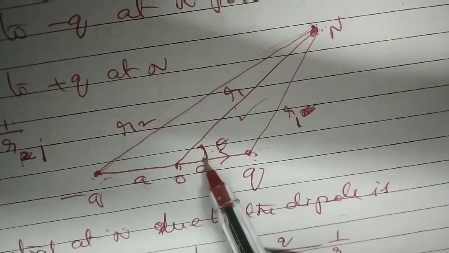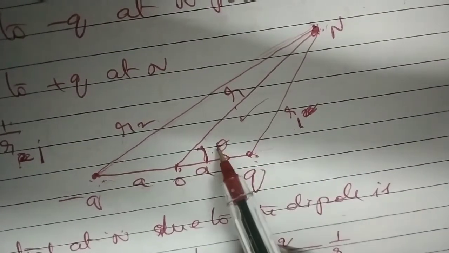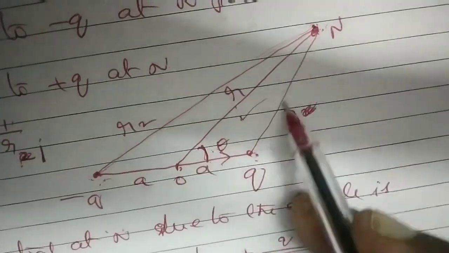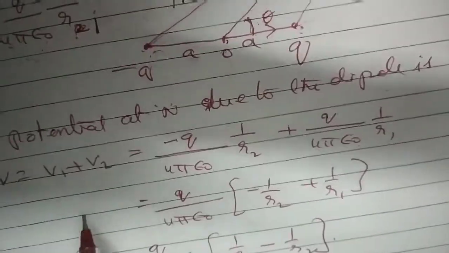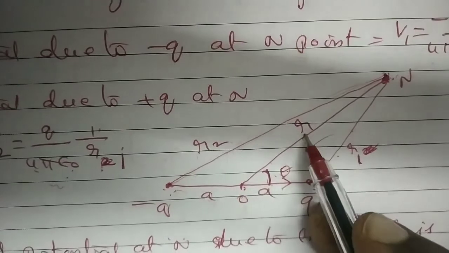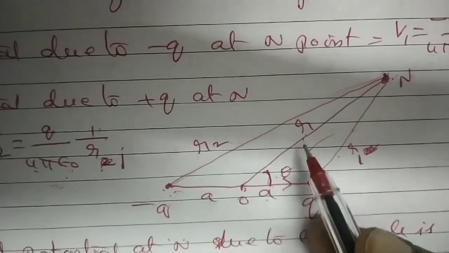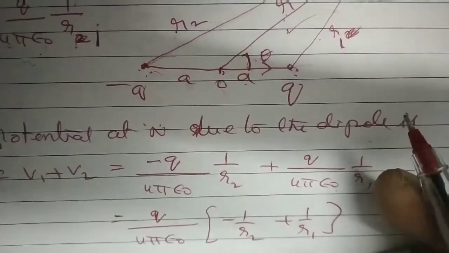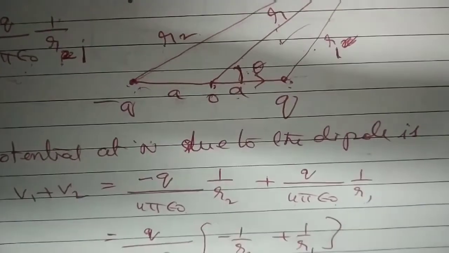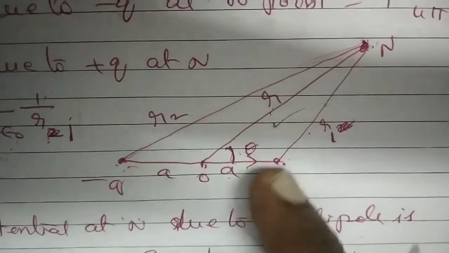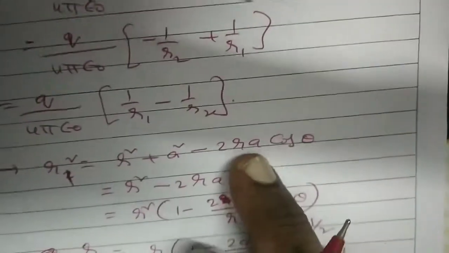Then the cosine law: the square of the side opposite to theta, R1 square, must be equal to R square plus A square minus 2RA cos theta.